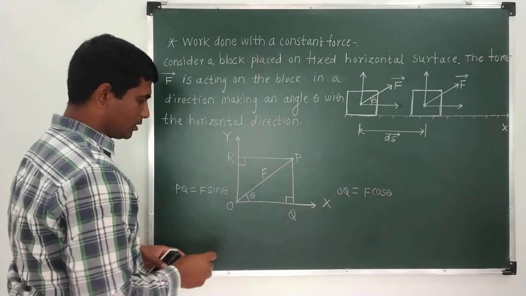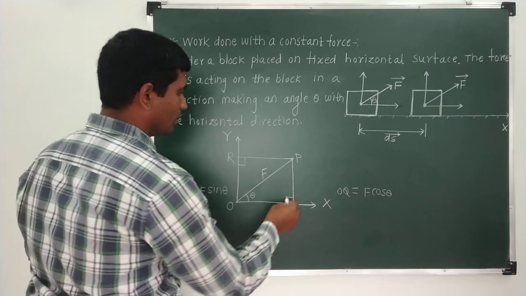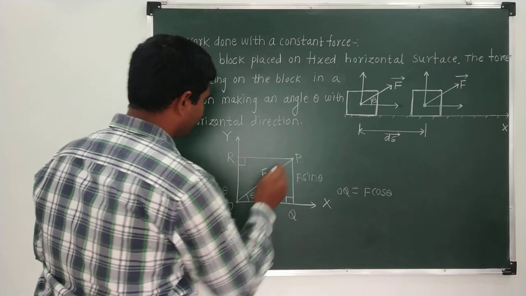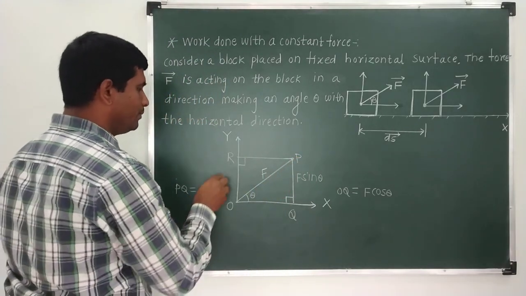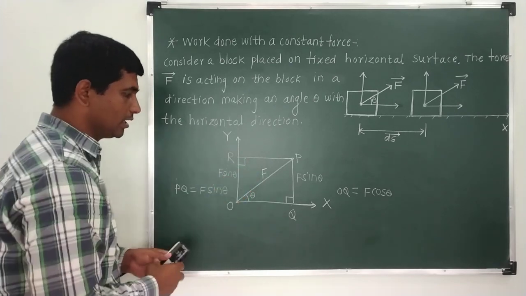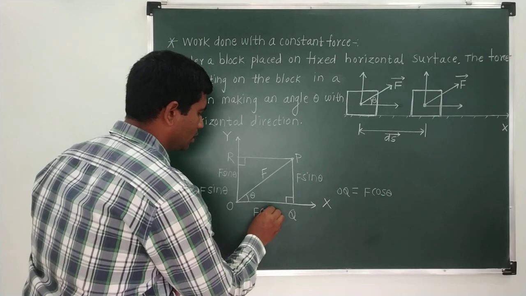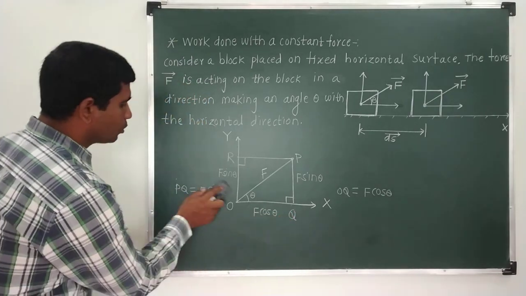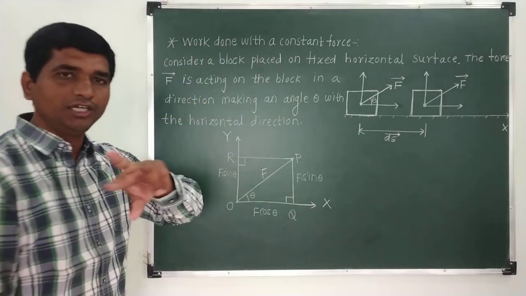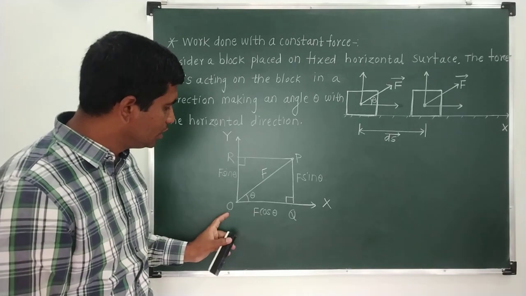PQ is F sin theta, so OR will also be F sin theta, and OQ is F cos theta. This means a given force has been resolved into two components.